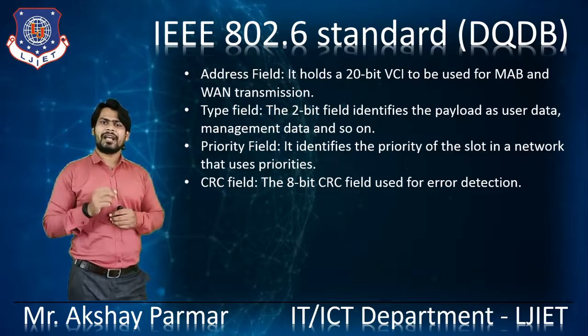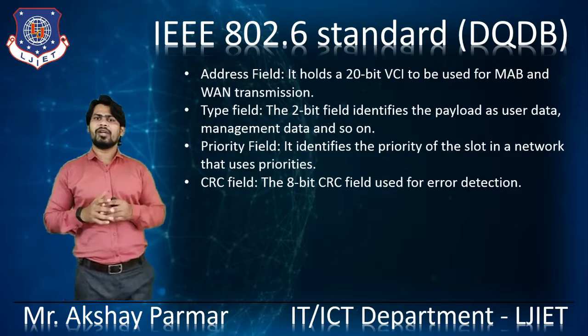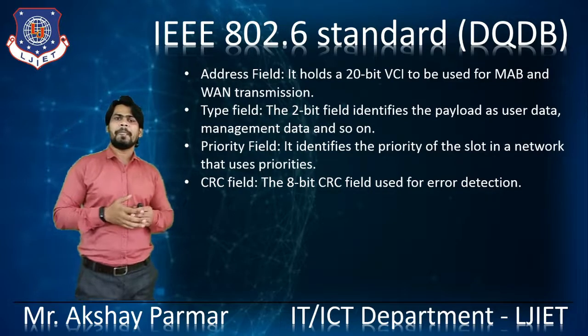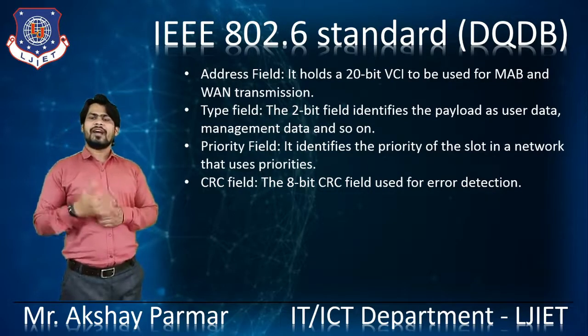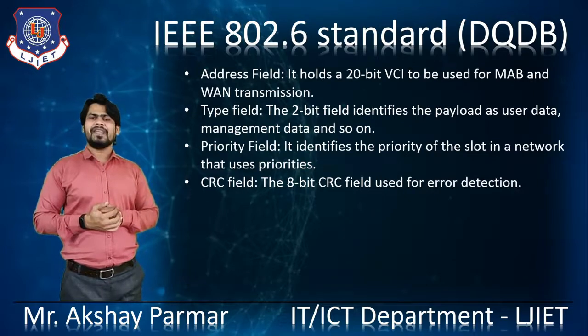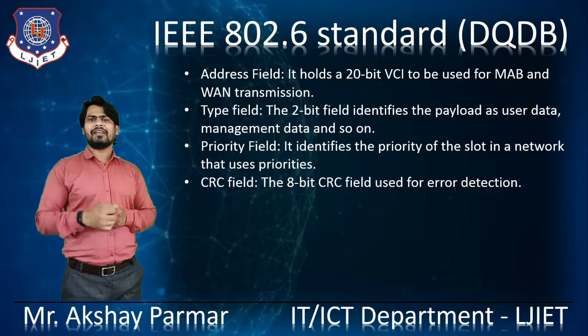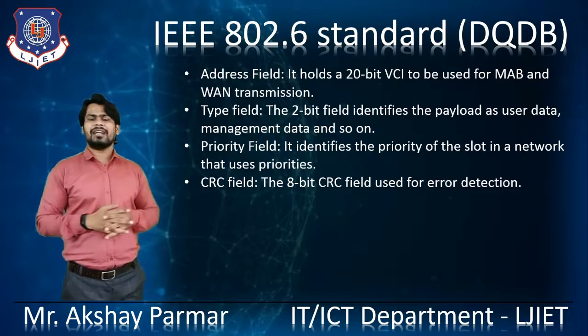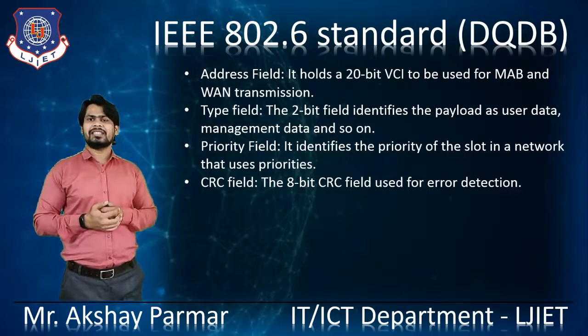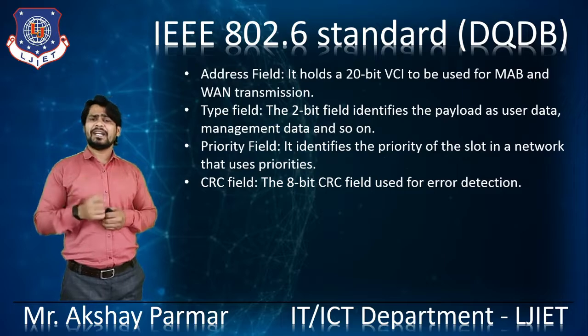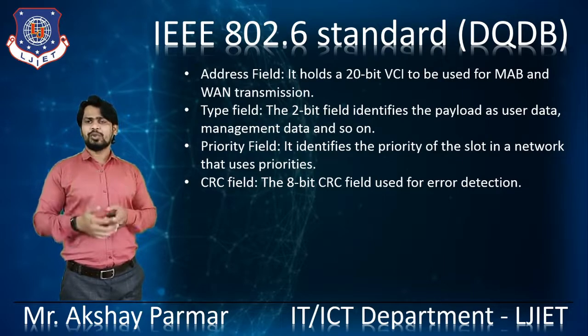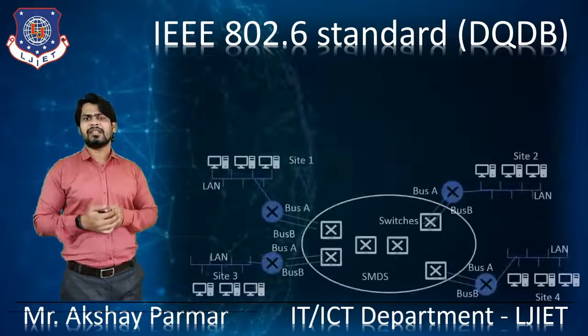The 2-bit field indicates the payload as user data, management data and so on. Right? After that, the priority field is there. It defines the priority of the slot in the network that uses priority, right? And at the end, the CRC field. It is 8 bits long, which is used for error detection, right?